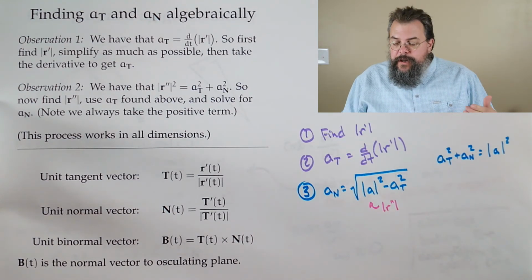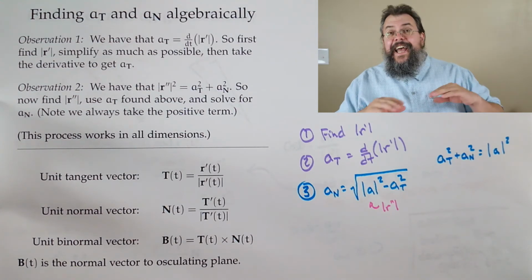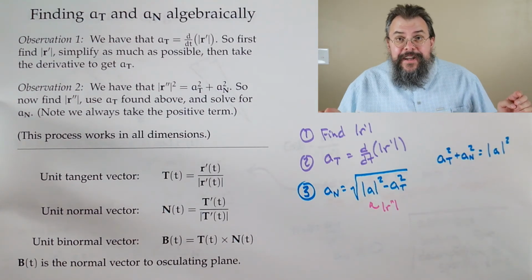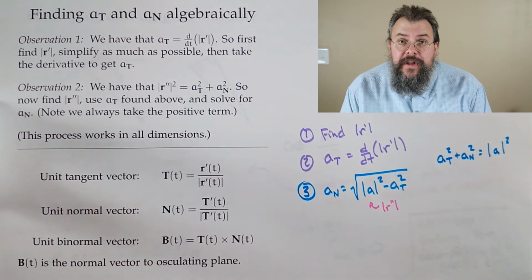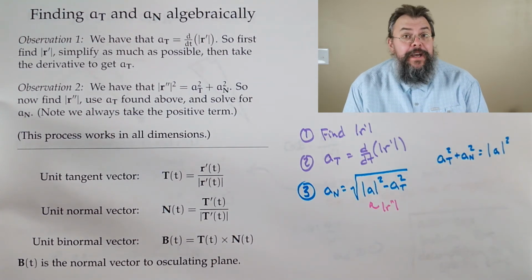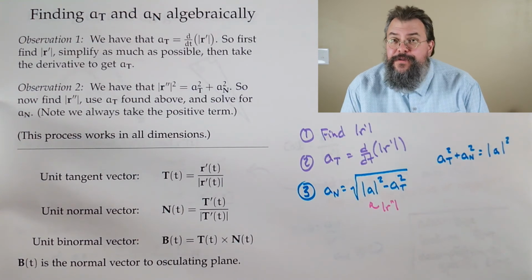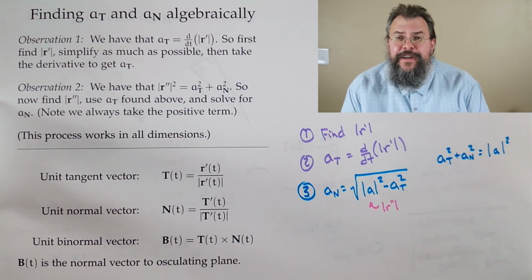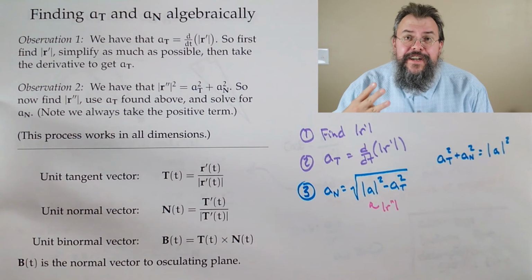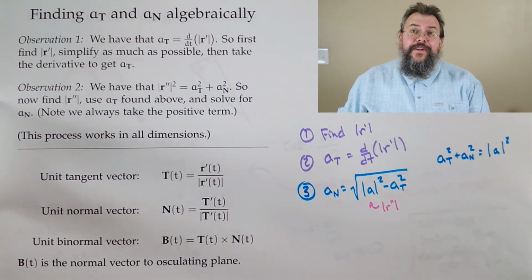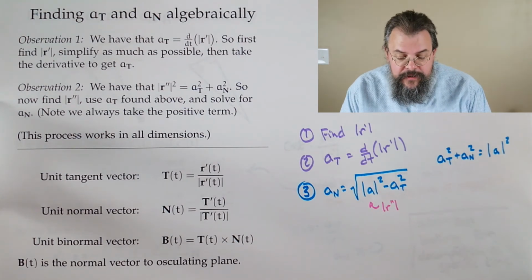Well, one of the things that's great about this is it works in any dimension that you want. You see, when we did it geometrically, we had a cross product. Now, cross product is wonderful, but there's one small catch whenever you use a cross product. You have to be in dimension 3. That's the only dimension where cross product makes any sense.